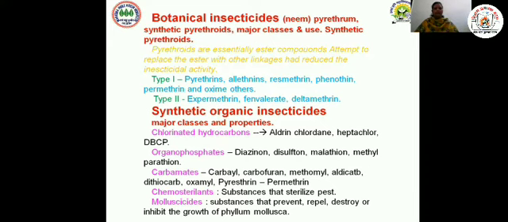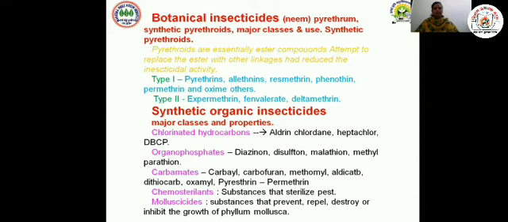Synthetic organic insecticides. The classes are chlorinated hydrocarbons, organophosphates, carbamates, chemosterilants, and molluscicides. Under chlorinated hydrocarbons, the examples are aldrin, chlordane, heptachlor, DBCP.